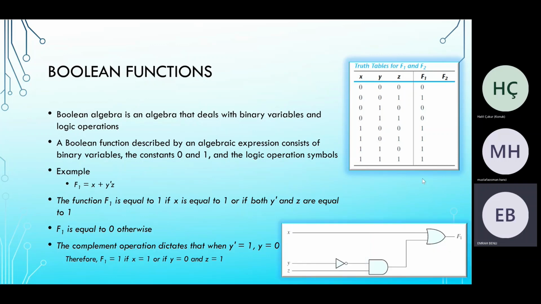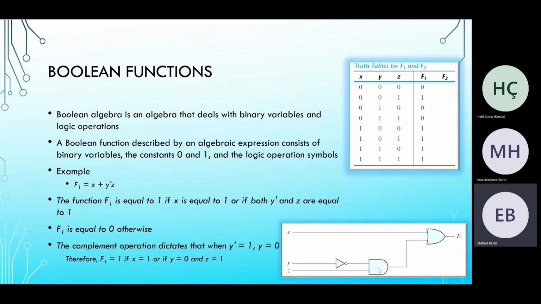And if you want to write it with logic gates, we are trying to write this operation. So we call this an AND gate, this an OR gate, and this a NOT gate. So y, if it passes through this, will be y prime here, and z comes from here.